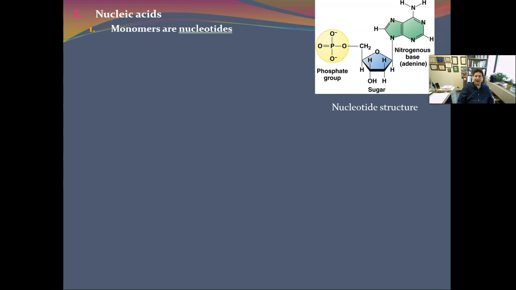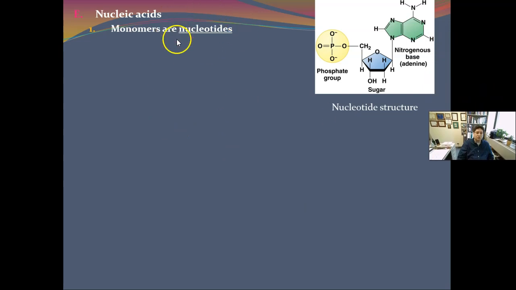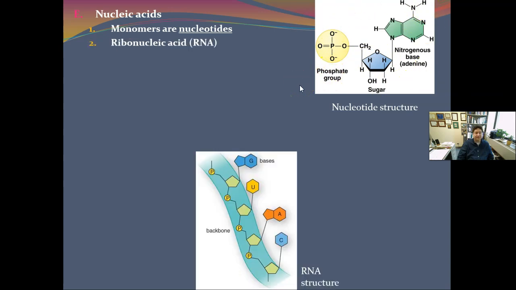Our last family of macromolecules is nucleic acids. Now, the monomers are nucleotides. Everything in this white box is one nucleotide. It has a nitrogen base up here, a sugar here, and a phosphorus here. Now, if I hook together a whole bunch of these, I'm going to get a nucleic acid of some kind.